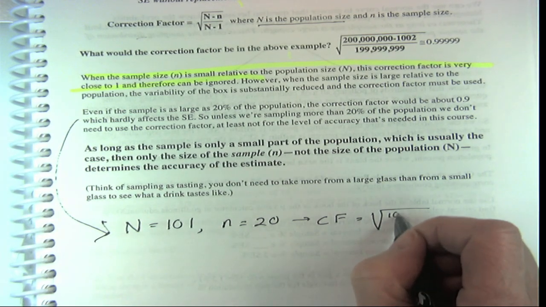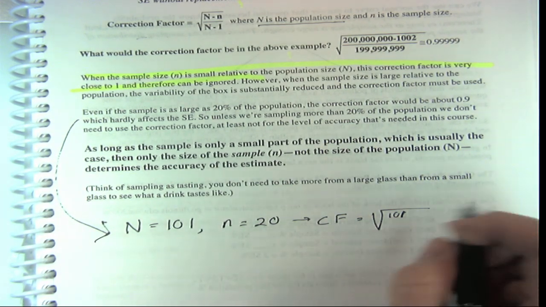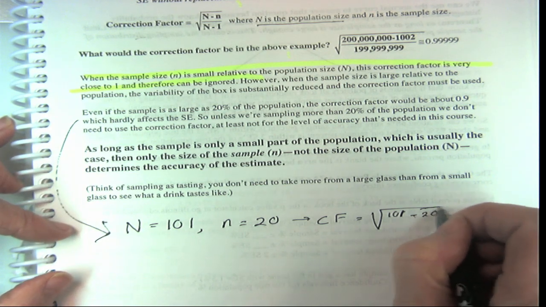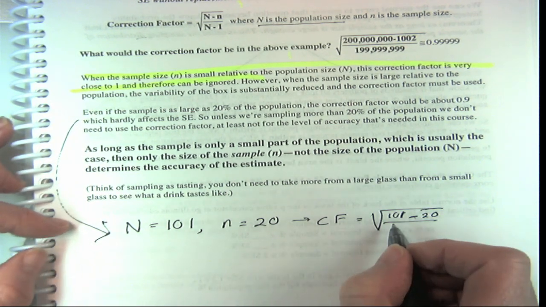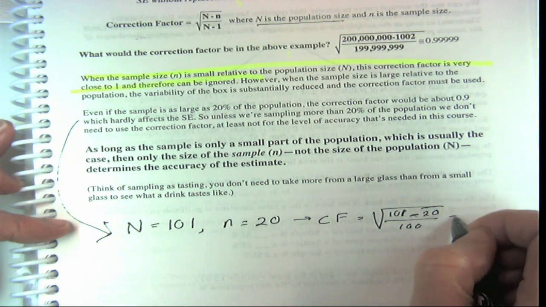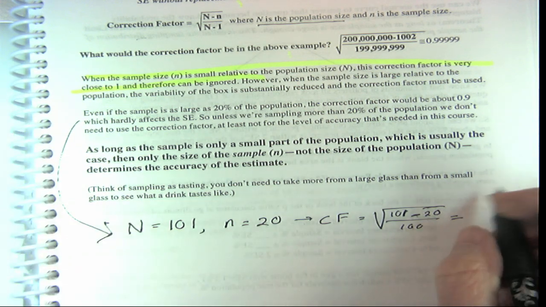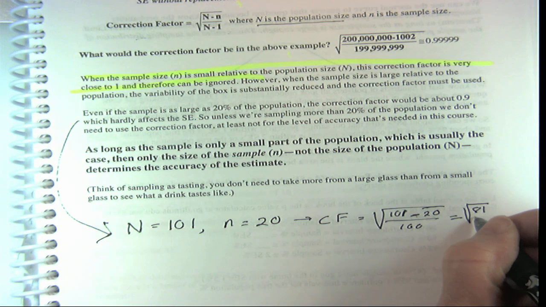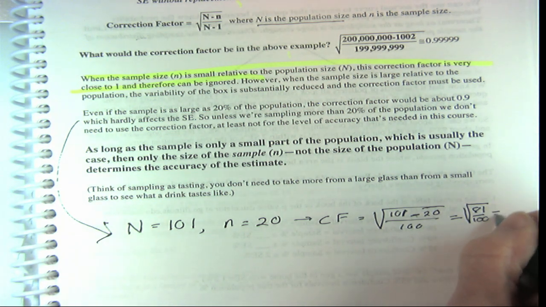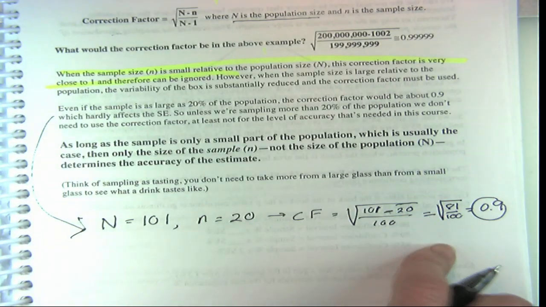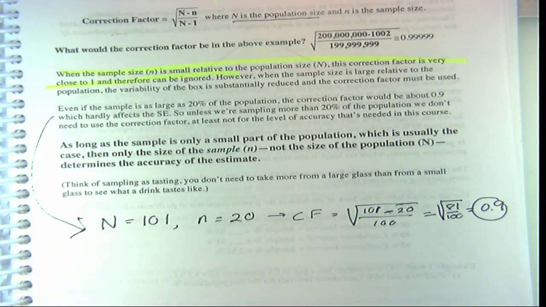It's our population size, 101, minus our sample size, which is 20, over our population size minus 1. So that would be the square root of 81 over 100, which would be 0.9. Square root of 81 is 9.